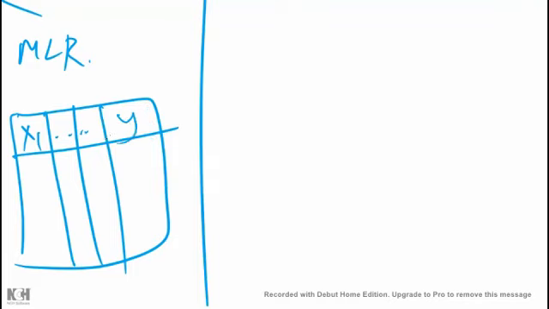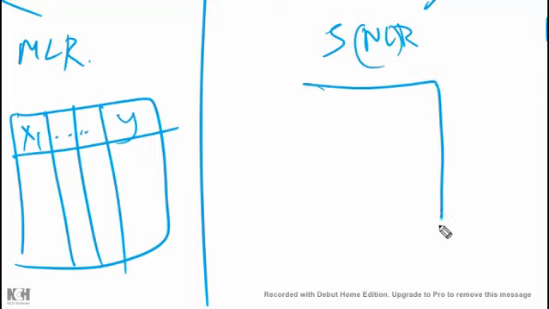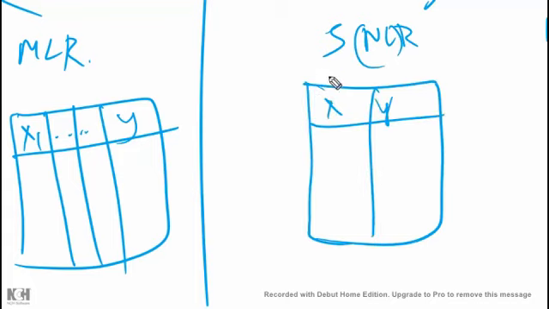Similarly, within non-linear, we have simple non-linear and multiple non-linear. In a simple non-linear, we again have one X and one Y. We are going to create X square. This is a created variable, so I'm writing here created. And we are going to apply the linear regression over that.